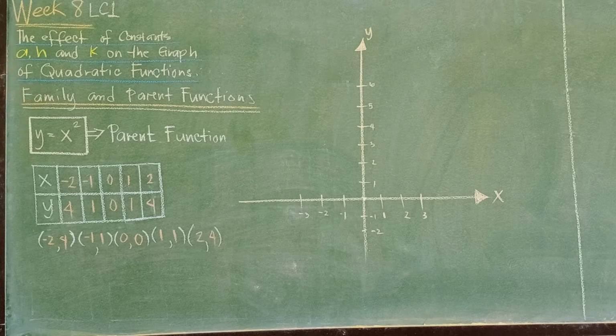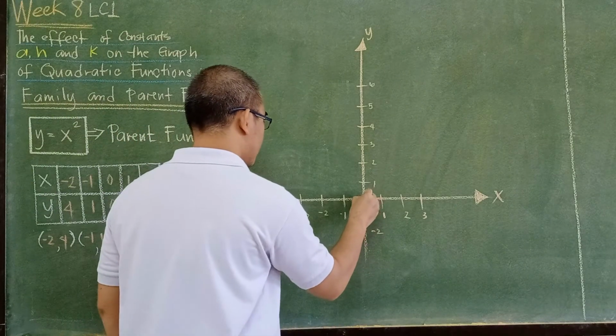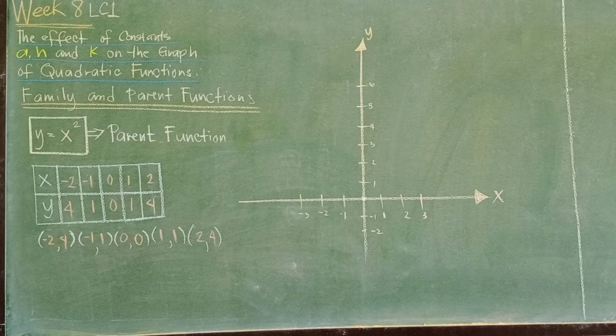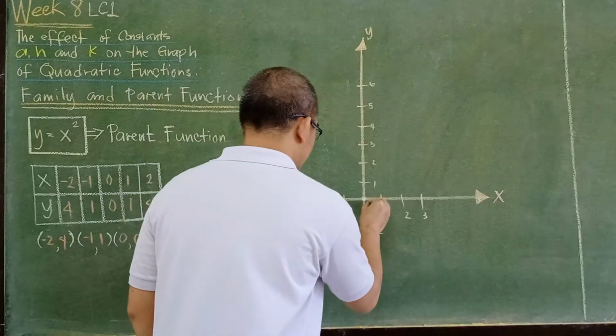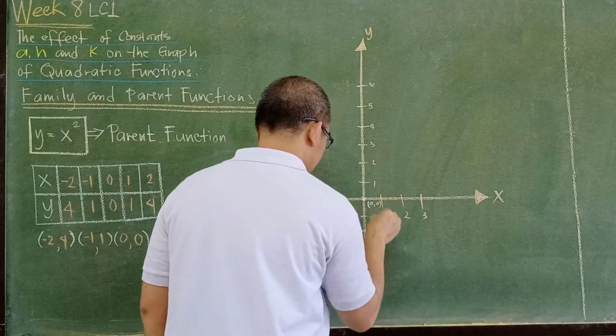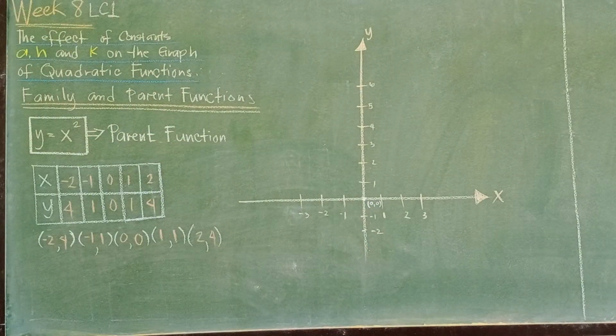Same with 0 ng y-axis nandun sa gitna. So yung vertex natin na 0, 0 is nandun sa may origin. So that will be our first point. So tapos na tayo dito sa may vertex.